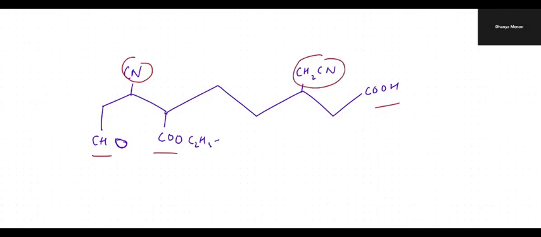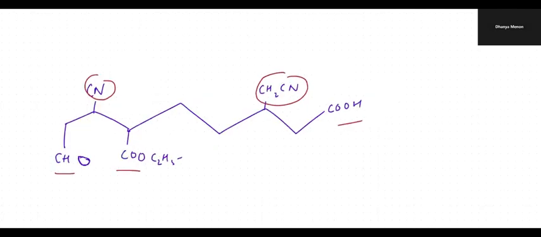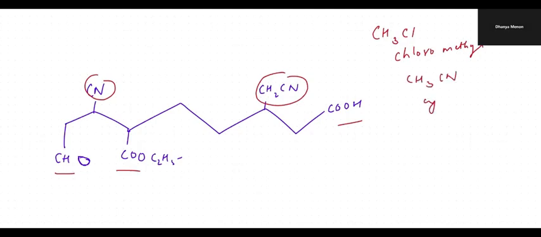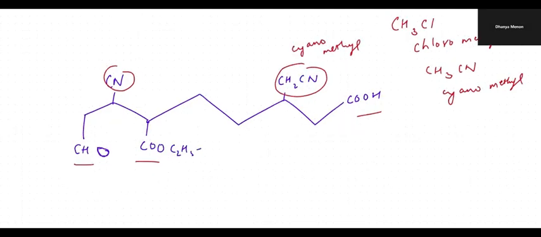So here, just like CH3Cl, this is chloromethyl, right? Chloromethyl. Same way, CH3CN, we write it as cyanomethyl. So this is cyanomethyl substituent. Okay, so aldehyde is the primary functional group.